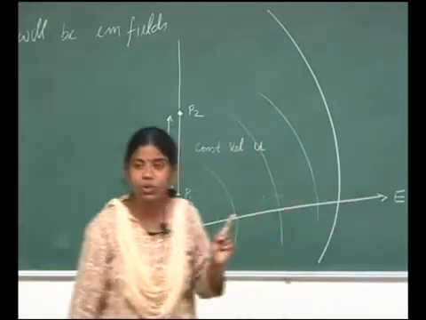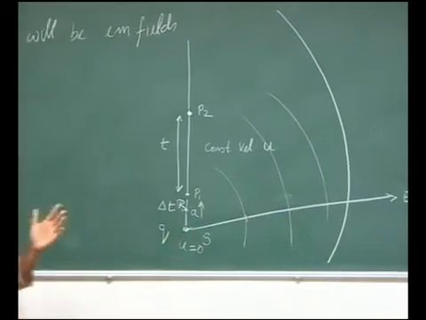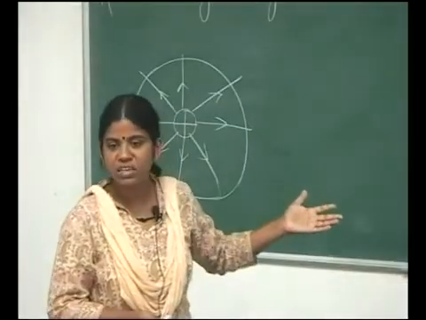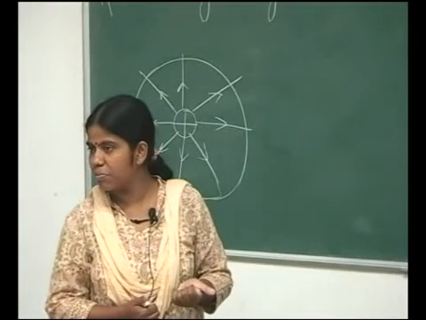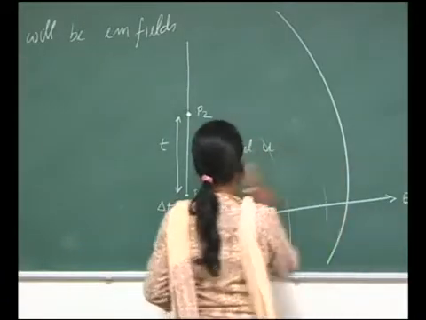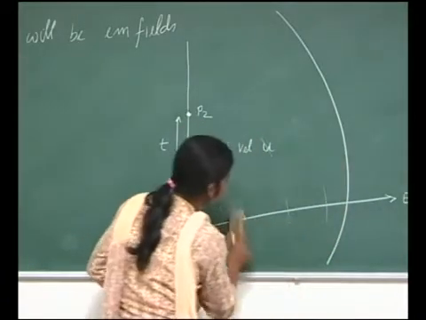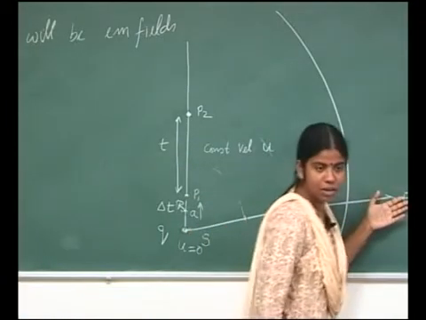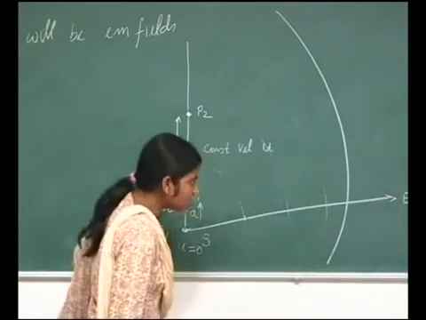I need to know in which direction my wave is moving, then only I will be able to conclude which is the electric field associated with the electromagnetic field. That is very important. Clearly, the electric field that is coming out is in the direction of propagation, so definitely this is not an EM wave. Here is my direction of propagation, and this is the direction of electric field.